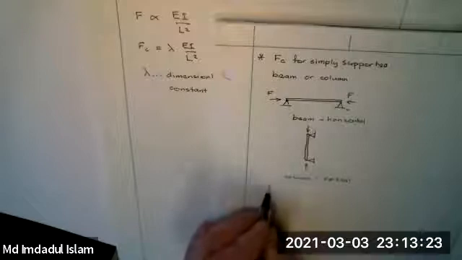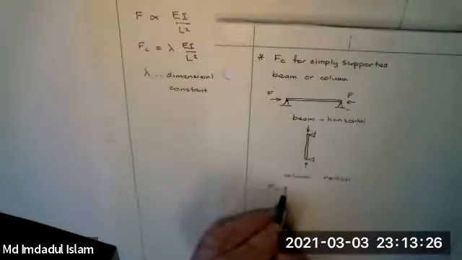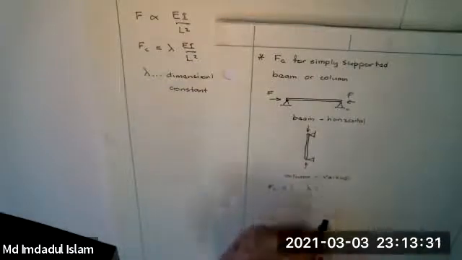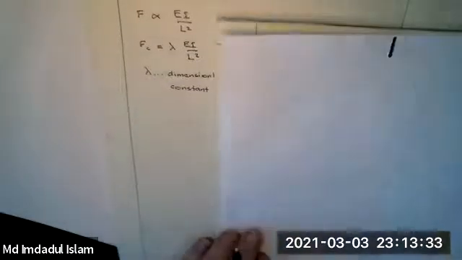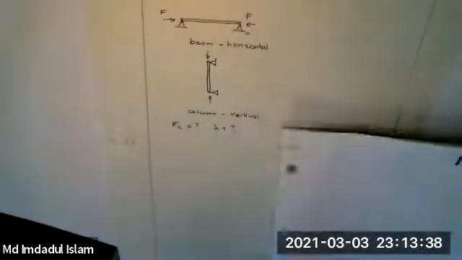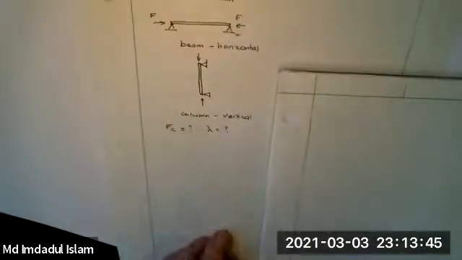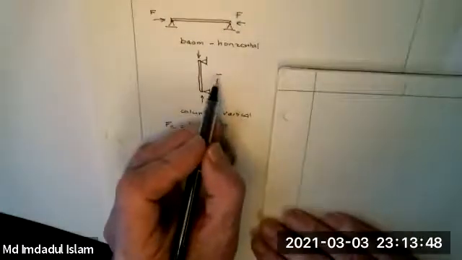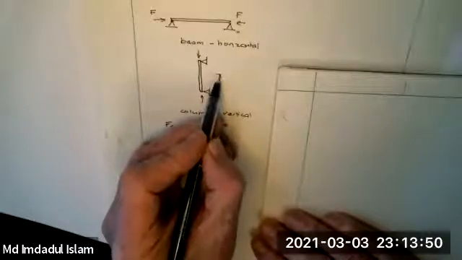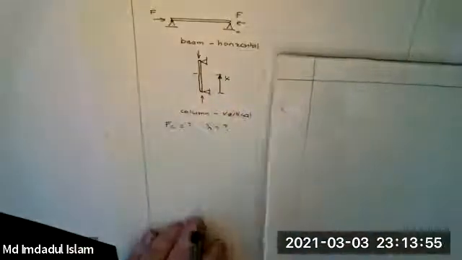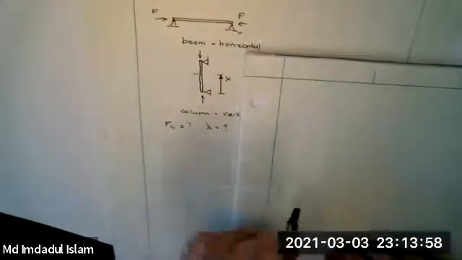So what we want to do is get rid of FC, and that's tantamount to finding lambda for this configuration. To do this, let me do a free body diagram in the deformed position. X is going to be my coordinate up to some point here. I'll blow up this diagram a little bit.